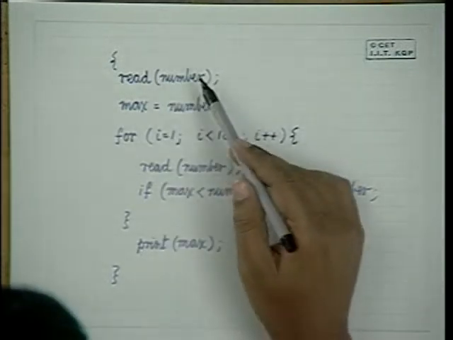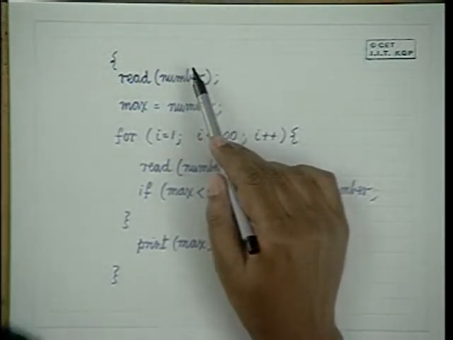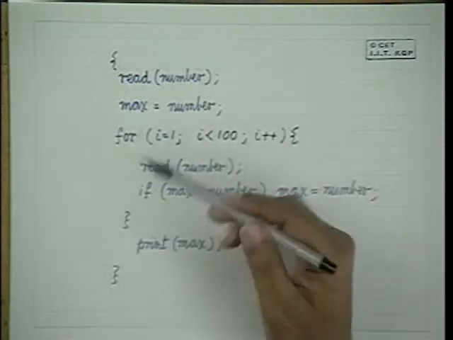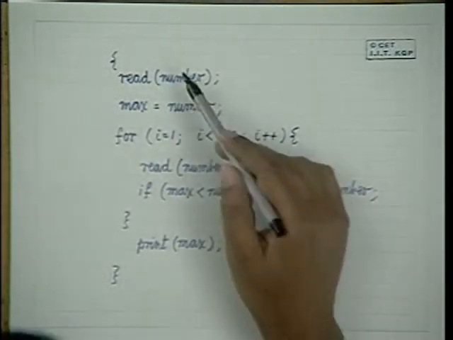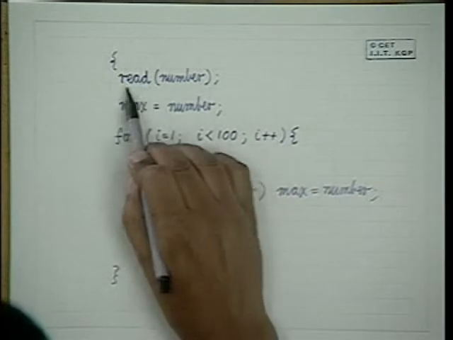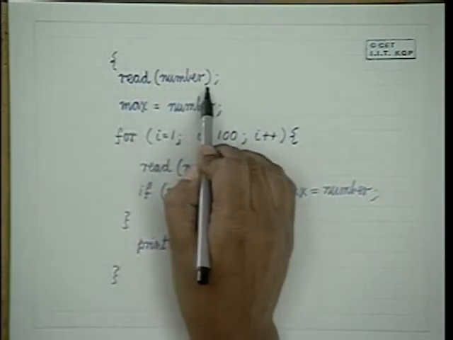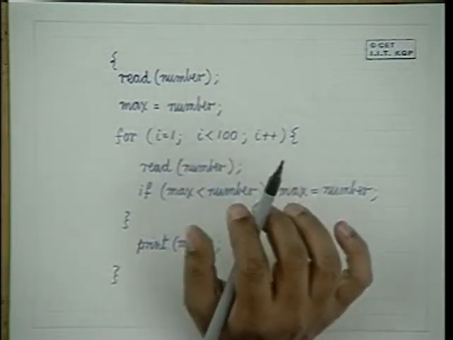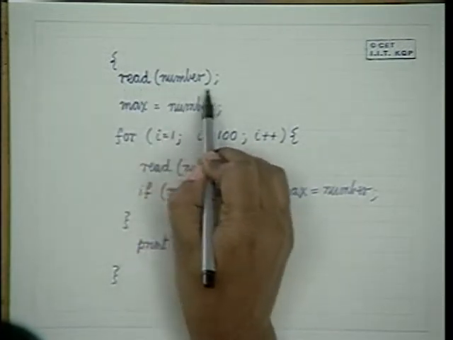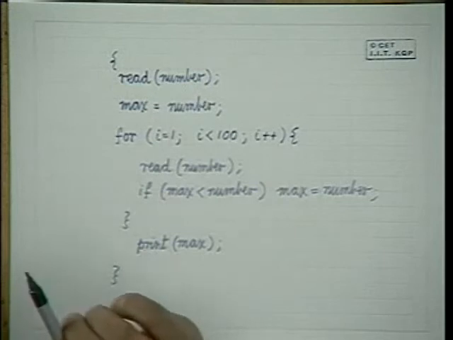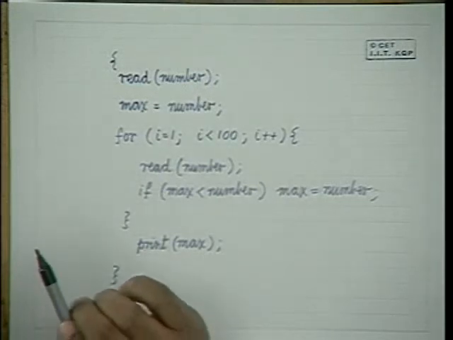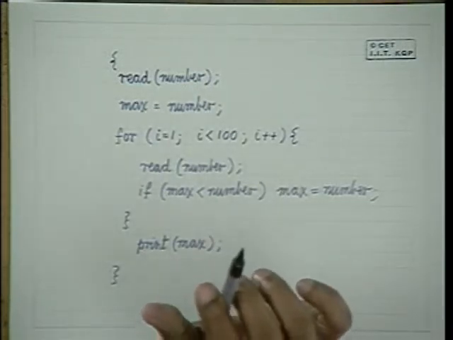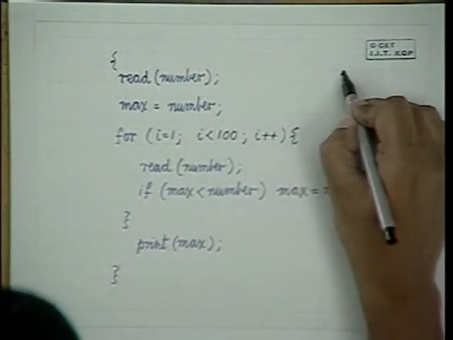You can make the assumptions that you made for finding the number of steps here also. For example, this is a read statement, and to read a number, what is the number of steps? Suppose all numbers are within a fixed size, and we'll say it takes 1 unit of time.